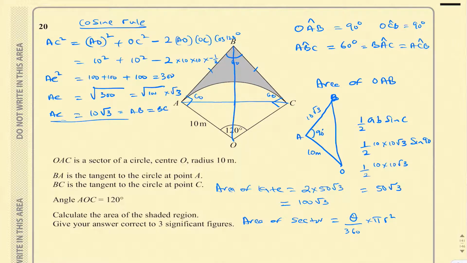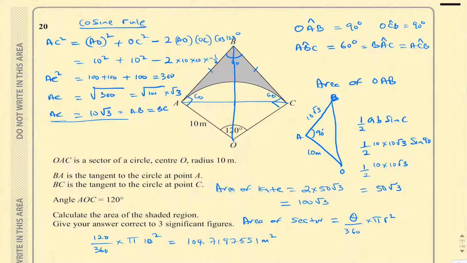So the area of the sector will be 120 over 360 times pi times 10 squared. If you work this out on the calculator, that will give you 104.71975551 meters squared.